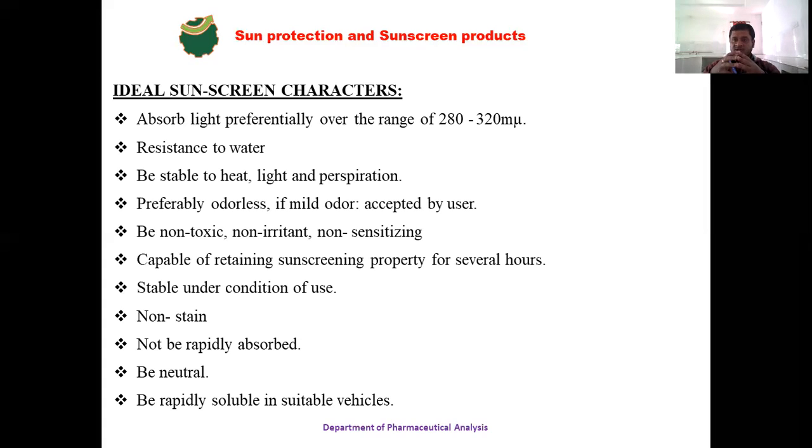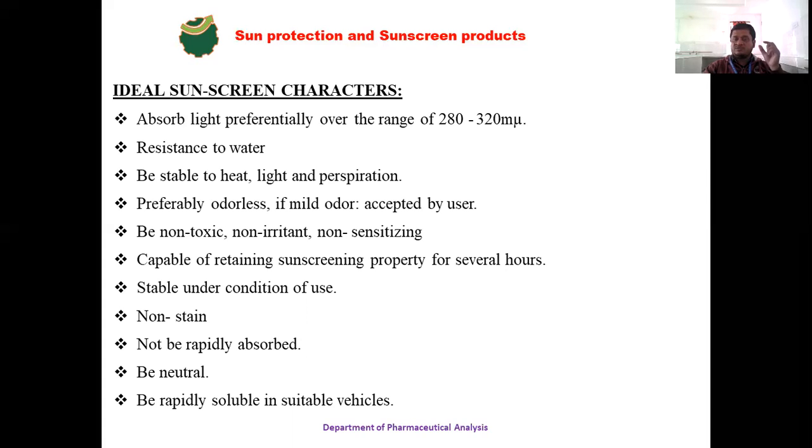Okay, next is to be natural. It should not be too much synthetic. It should be natural and be readily soluble in a suitable vehicle. Whenever we prepare a particular formulation, we use sunscreen ingredients. Already I said, whether it is zinc oxide or oxybenzone, whatever sunscreen ingredients we use, they should be soluble in a particular vehicle.